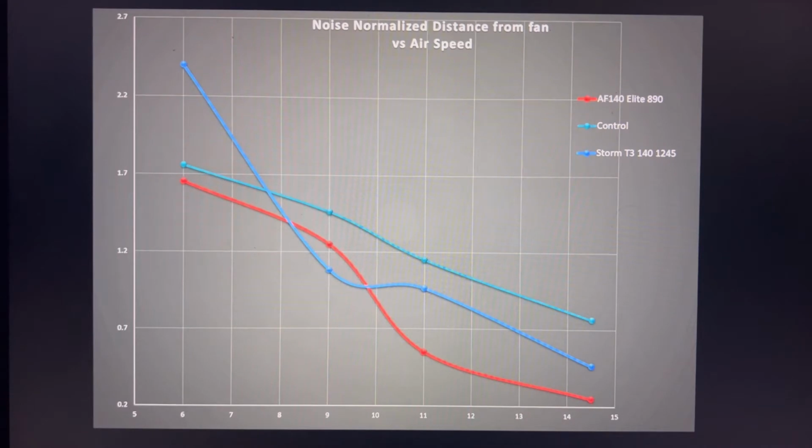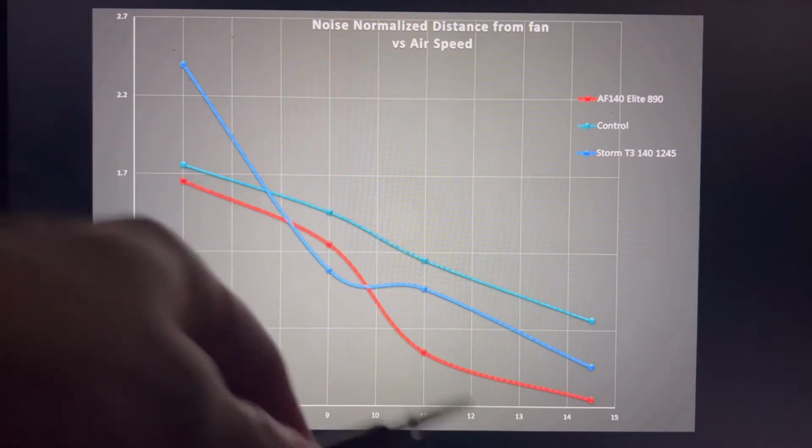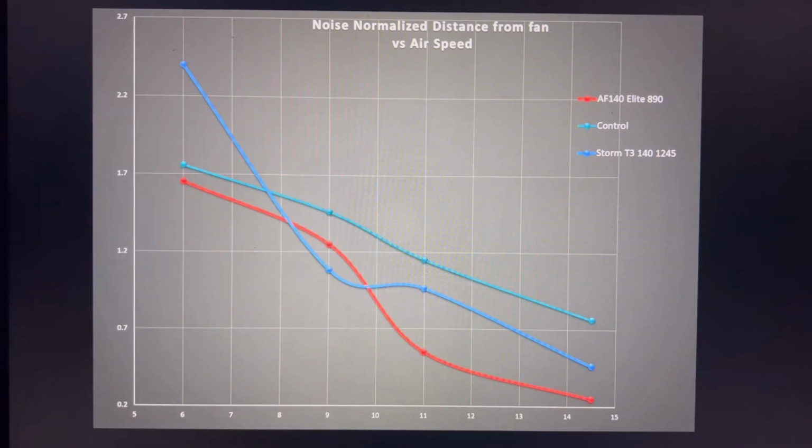And while we can quickly see that in noise normalized testing, the Storm starts off with better performance. It has a higher air velocity at that 6-inch mark, but then it quickly drops way below the other two fans. And then the Corsair starts off under, actually ends up beating the Storm, and then it quickly drops off even lower than the Storm.